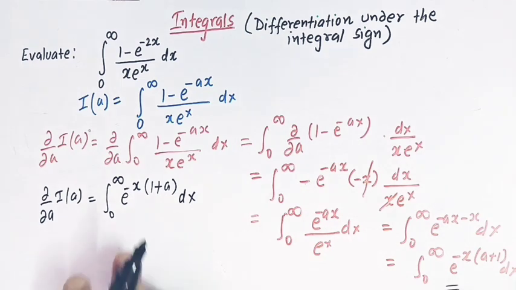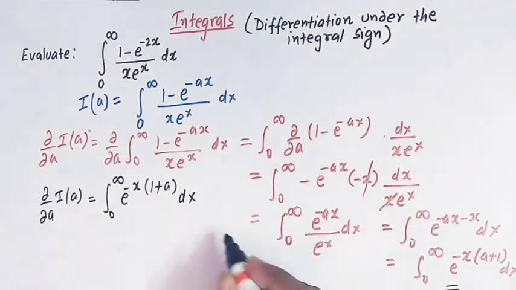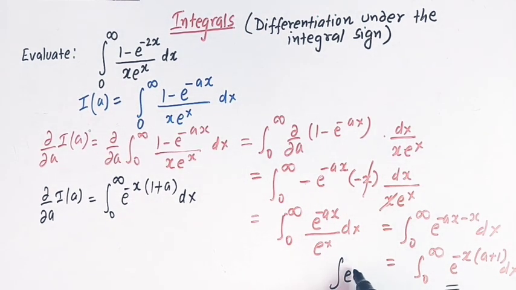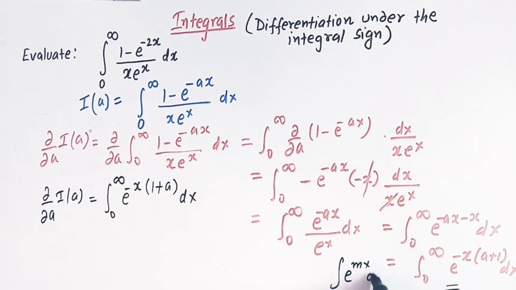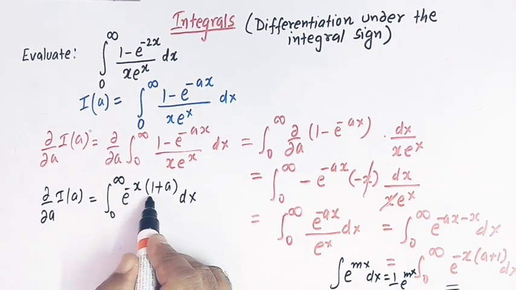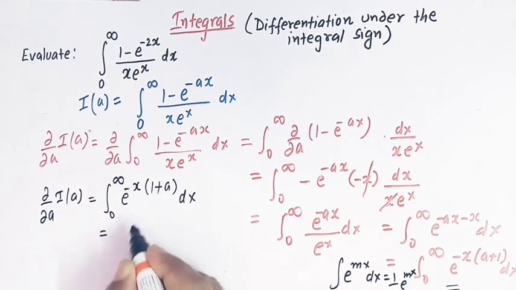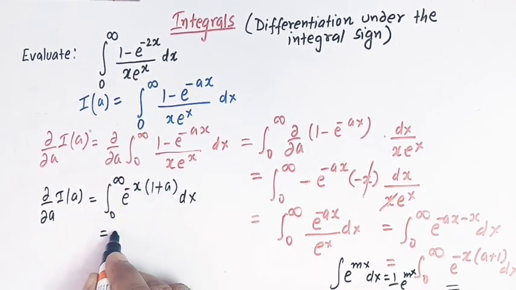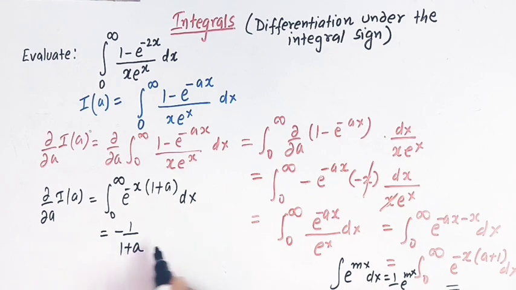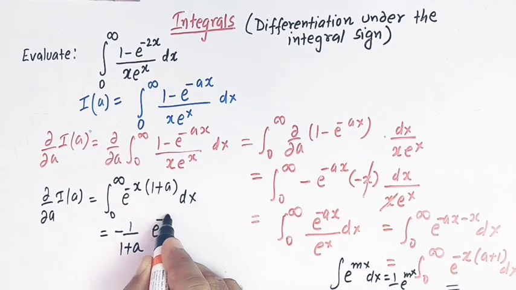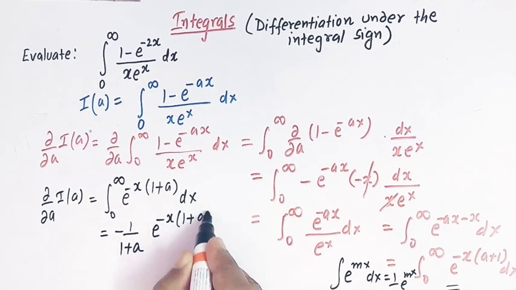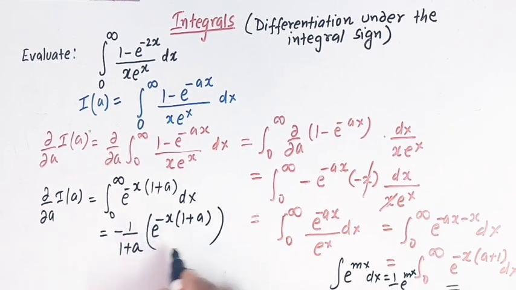Okay, so now see, we know that the integral of e^(mx) dx is equal to 1 over m times e^(mx). So here m is minus (1 plus a), so we have the integral as minus 1 over (1 plus a), and we have e^(-x(1+a)), and the limits of integration are from 0 to infinity.